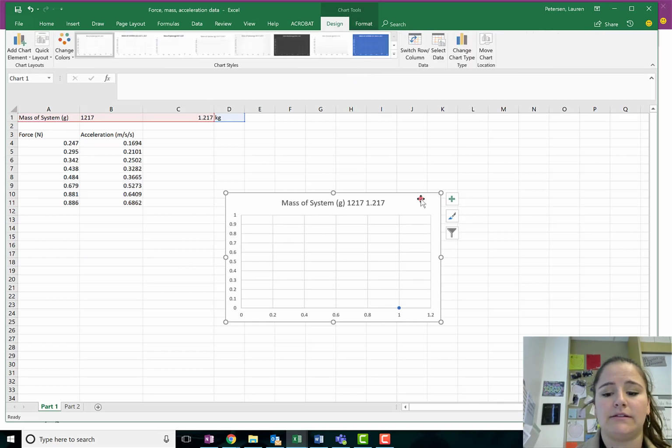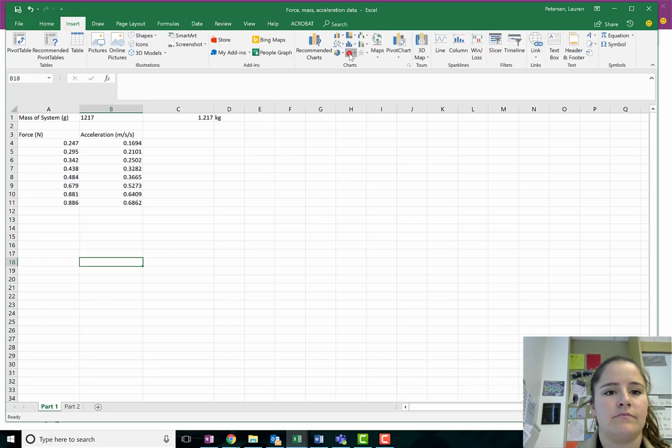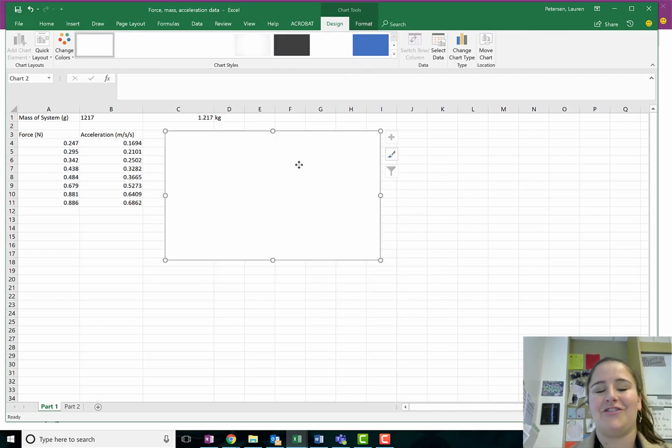Nope, that's not what I wanted. Okay, click off. Okay, that's what I wanted. Just a blank graph, because then we can be super precise when selecting our data.